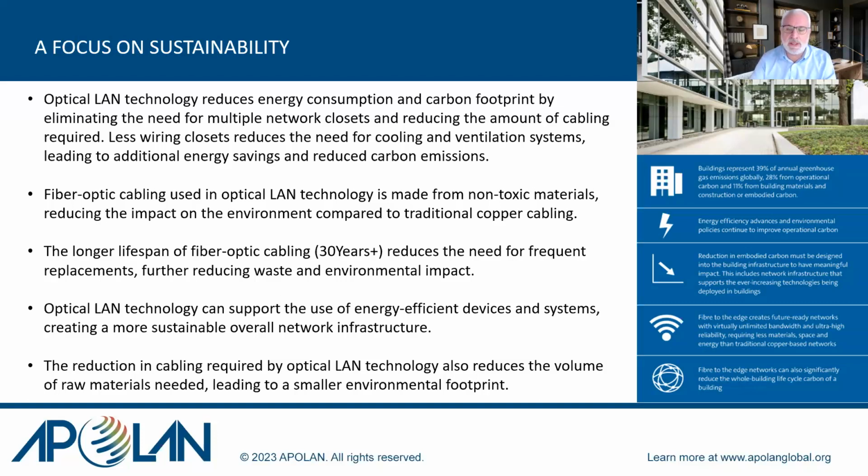So how can this type of technology support a reduction in embodied carbon? And then from that, once the client has actually moved into the building, we're looking at operational carbon. How can we have a more energy efficient solution that reduces the amount of carbon to actually run that network and run that building? And again, we'll be covering that in later slides.